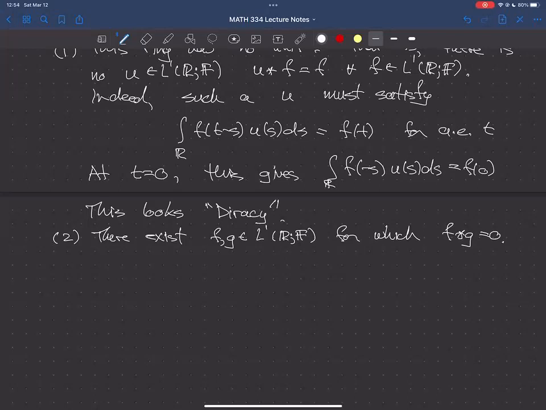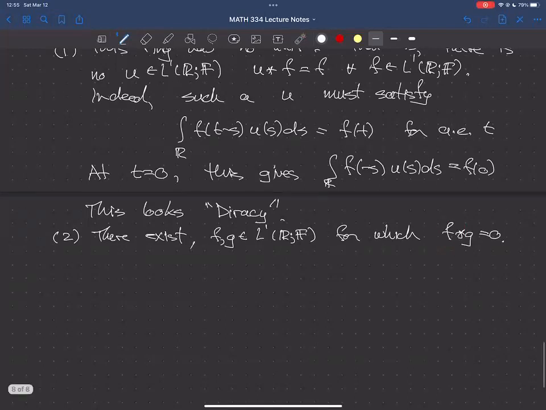Is there a multiplicative inverse? This shows that there cannot be, because there's no way to recover F or G from a formula like that by inverting one.